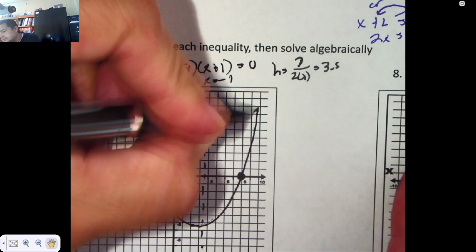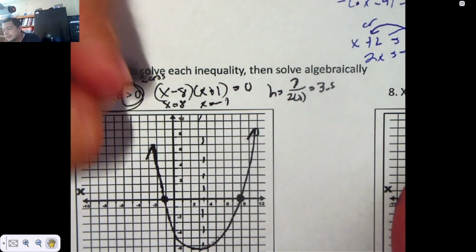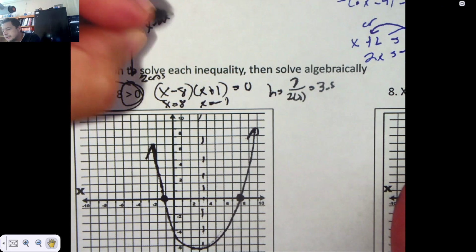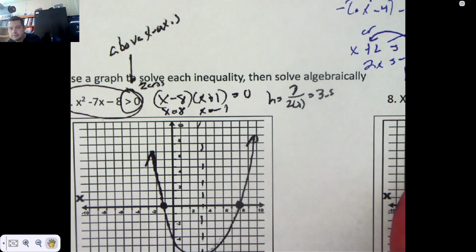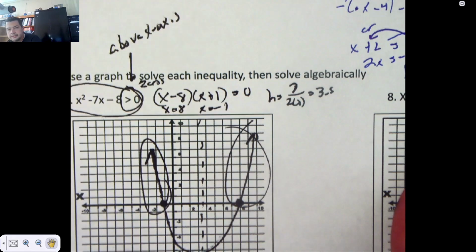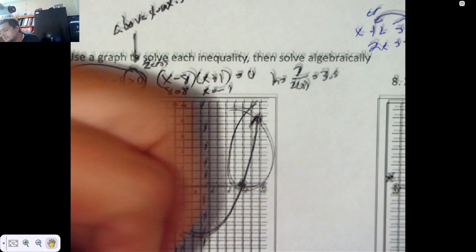They're asking where you're greater than 0. In other words, above the x-axis. That's what's being asked. All right? You're above the x-axis here and here. So long as you're less than -1, you're above the x-axis. So long as you're more than 8, you're above the x-axis.